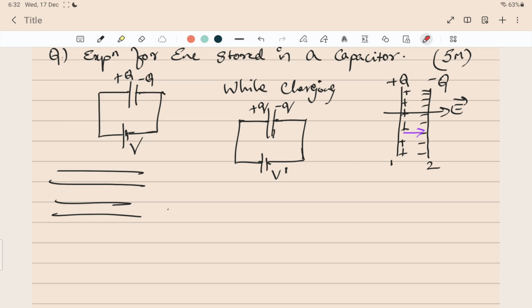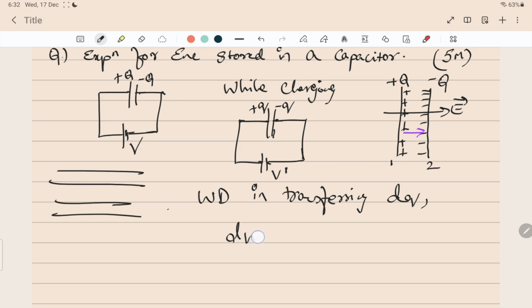Now the work done during this process is, what is the work done? We'll write work done in transferring charge dq.